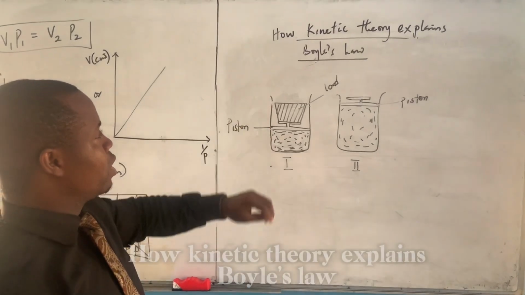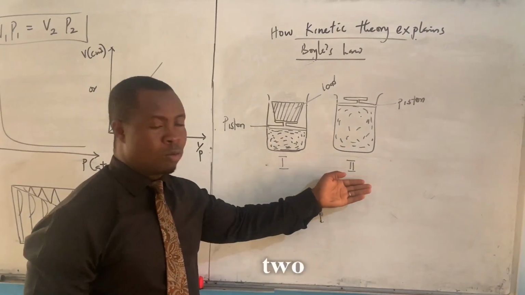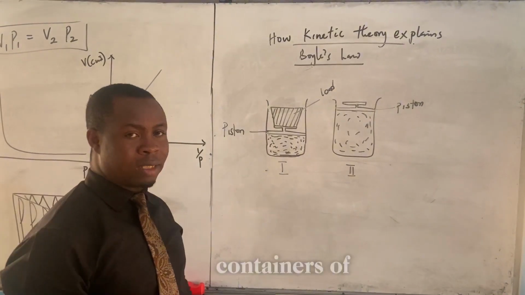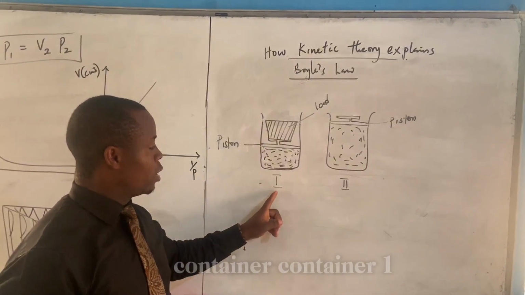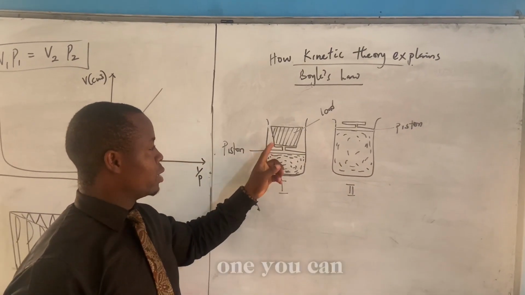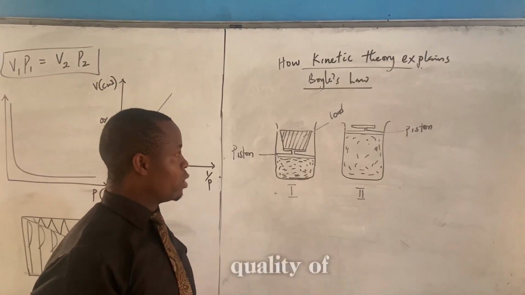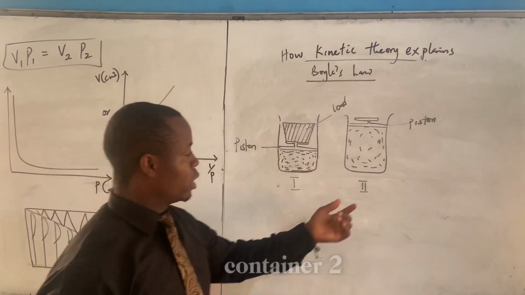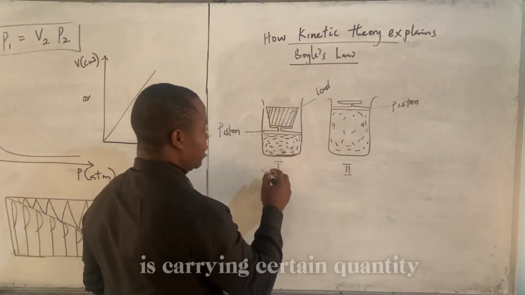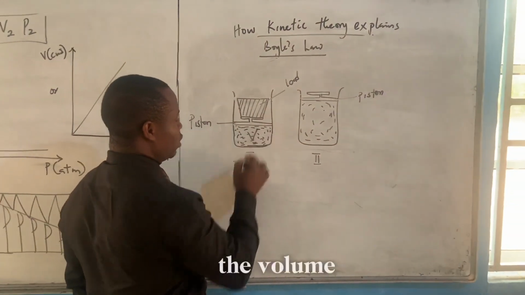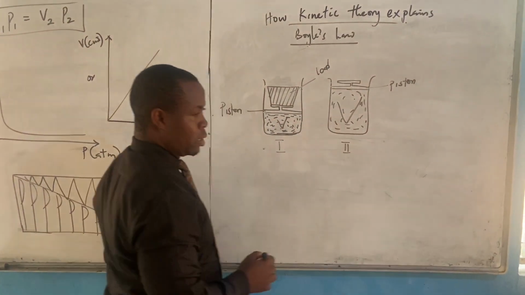How does kinetic theory explain Boyle's law? You can see these two containers of equal sizes. The first container 1, you can see that the piston is carrying a certain quantity of load, and then container 2 has no load. Because this is carrying a certain quantity of load, the volume is smaller, while the volume here is bigger.